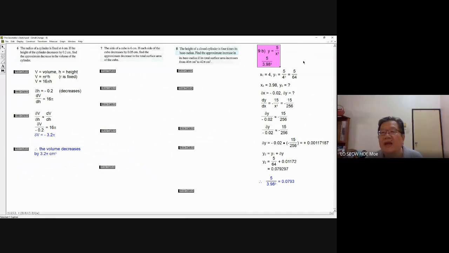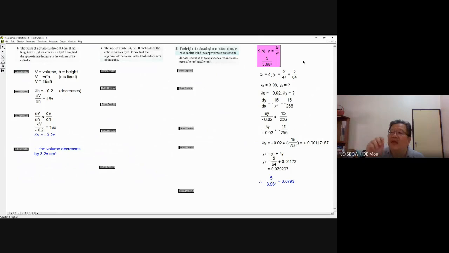So this 3.98 is what? X1, X2, Y1, Y2? What is this 3.98? X2. Why is it not X1? Because it has decimal places. So it cannot be X1. It has to be X2, right?